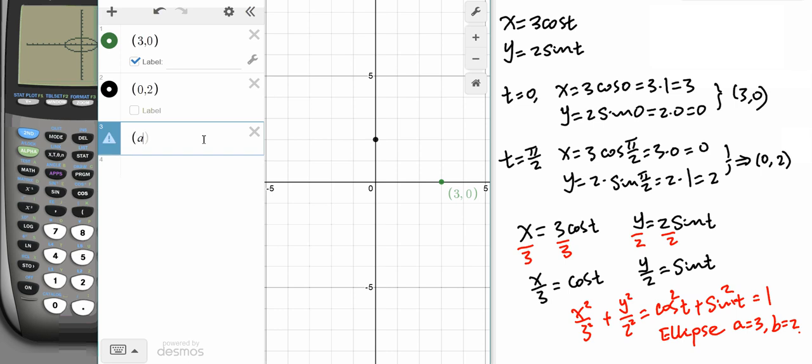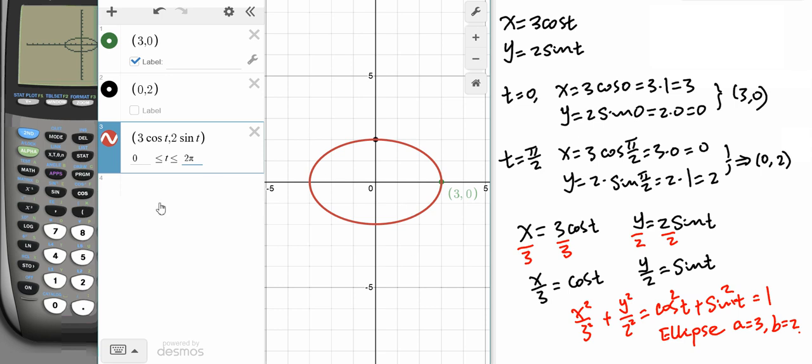So you can do 3 cosine t and 2 sine t. By default, here t is from 0 to 1. So you want to change it from 0 to 2, then input pi, and it will give you pi.